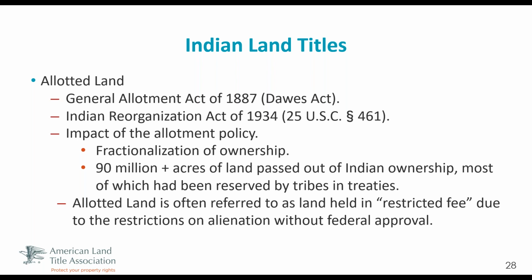Over time, that beneficial ownership can become so fractionalized, with so many heirs who own a tiny portion of the beneficial interest in the allotment, along with several other heirs, that the vesting, the beneficial title for that allotment, can be held by many, many different people. It's what we mean when we refer to fractionalization.